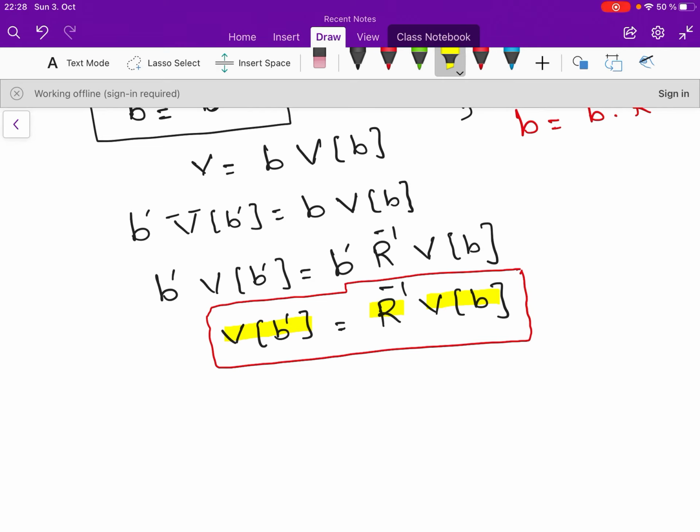So I multiply by R inverse instead of R, and R inverse is the inverse matrix of the change of basis matrix. Such vectors whose components transform inverse to the change of basis matrix, we call contravariant vectors.